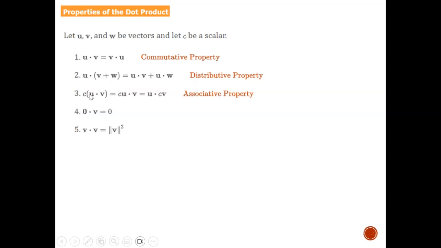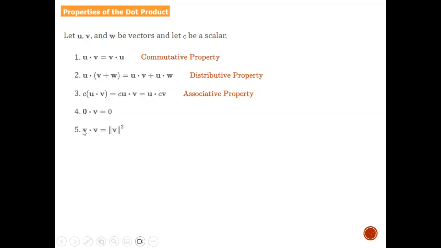You're going to multiply a scalar times the dot product of vectors u and v. If you notice here, you don't distribute the scalar. You only do it to one. For example, it can be the scalar c times vector u dot product v, or u dot product c times vector v. That's called the associative property. Now 0 times any vector will give you 0.